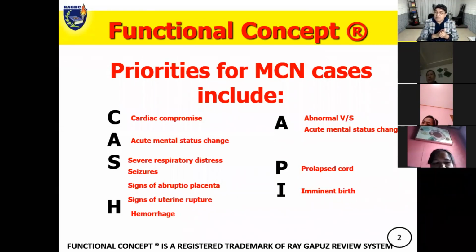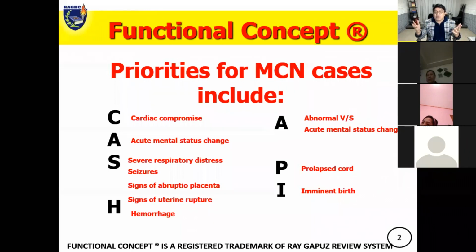Or when the BP is below 60 palpatory, or when taken with a machine, below 110 systolic or above 160. Or if the fetal heart rate is below 110 for one whole minute, that could be considered abnormal vital signs.